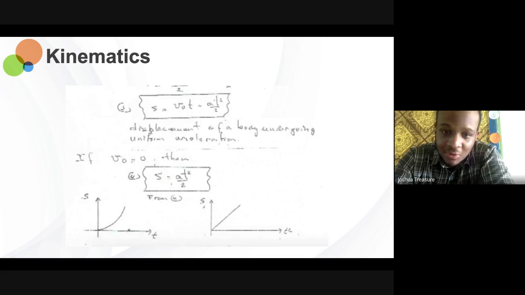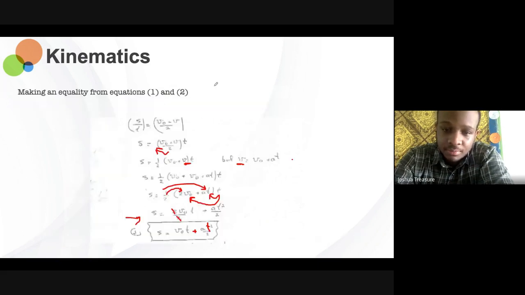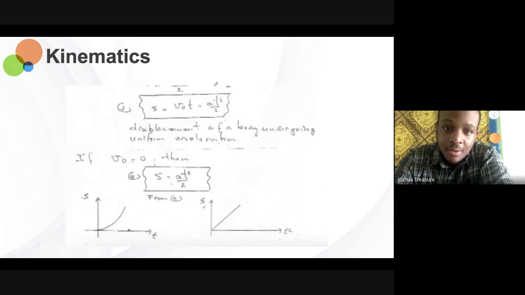So the A doesn't change. If the A changes, then this formula is not applicable at all. Because the A is constant, right? You find out that it is applicable.